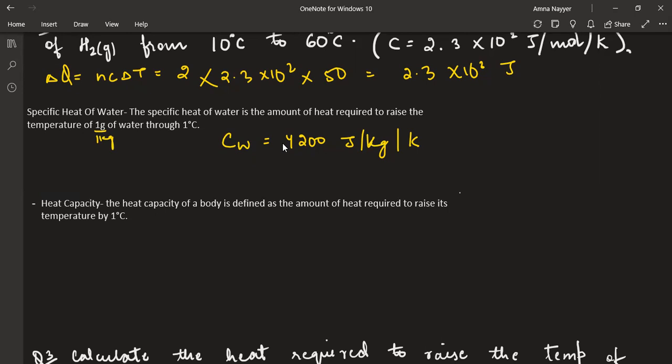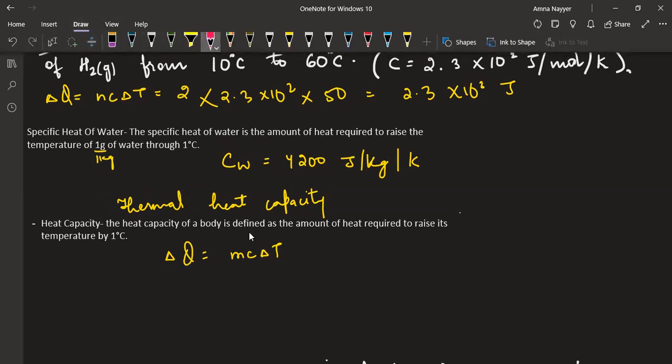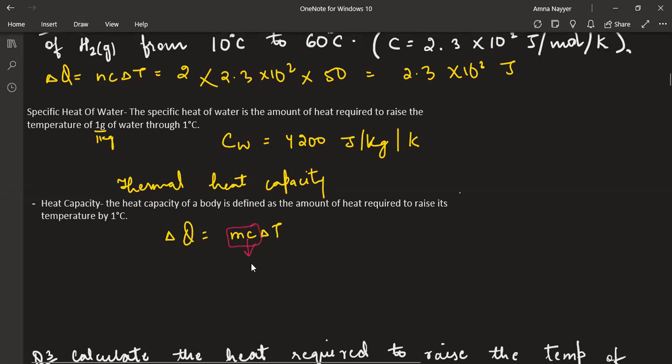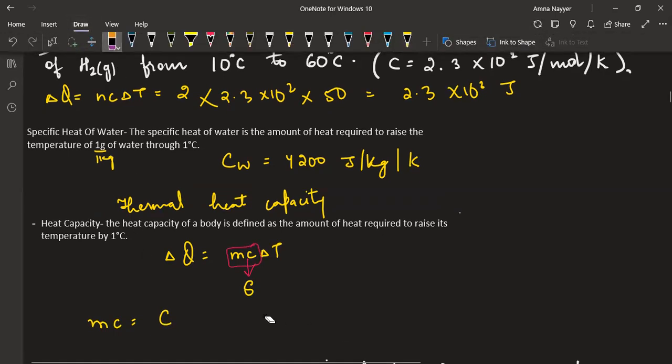And one more thing you have, heat capacity. This is thermal heat capacity. When you are not specifying mass, what is this? See, in the formula delta Q is equal to MC delta T, this part MC, I am writing as S, the specific heat.